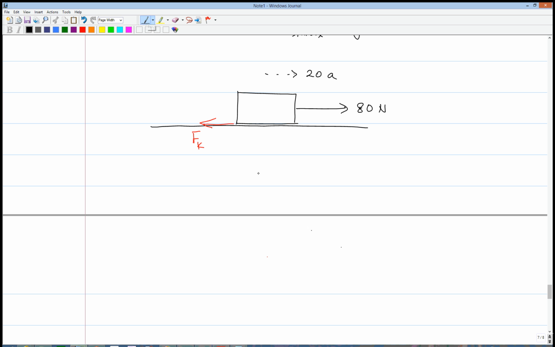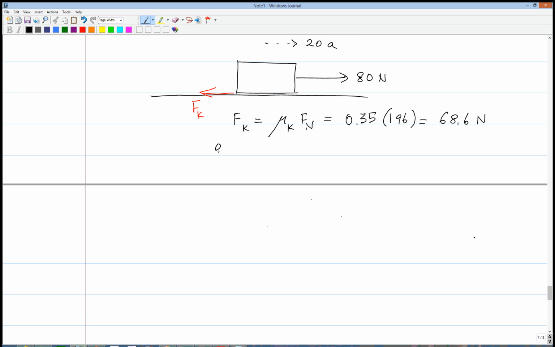Now, using this free body diagram, we can calculate the acceleration. But before that, we need to figure out the force of kinetic friction, which happens to be equal to mu k times Fn, and mu k was 0.35 multiplied by 196. You end up getting 68.6 newtons. Alright, we're now ready to calculate the value.